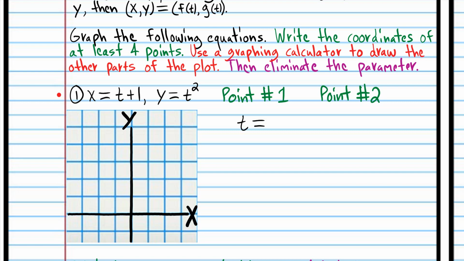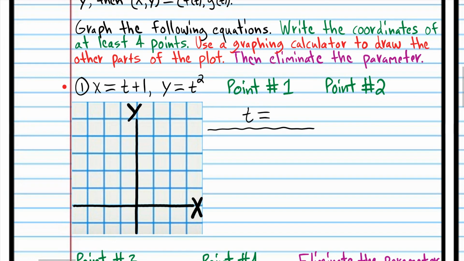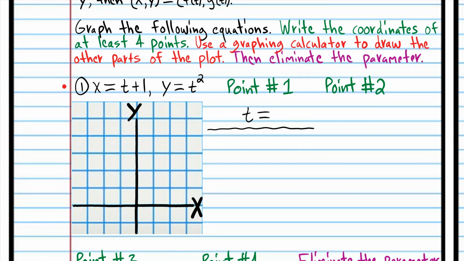So the first thing we're going to do is choose our value for the parameters. So I'm going to choose t equals 0. Then we're going to find x, and we're going to find y based on our choice of parameters. So I got this equation from there, and I got this equation from there.